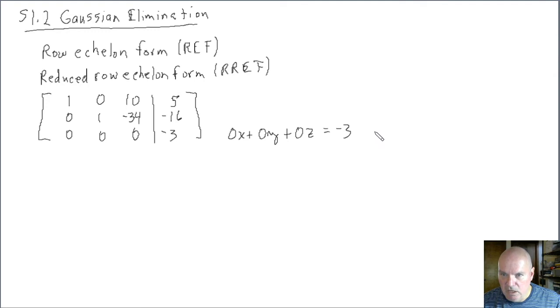That's, of course, an inconsistency. So anytime you see this, that means the corresponding linear system of equations is inconsistent and has no solution.